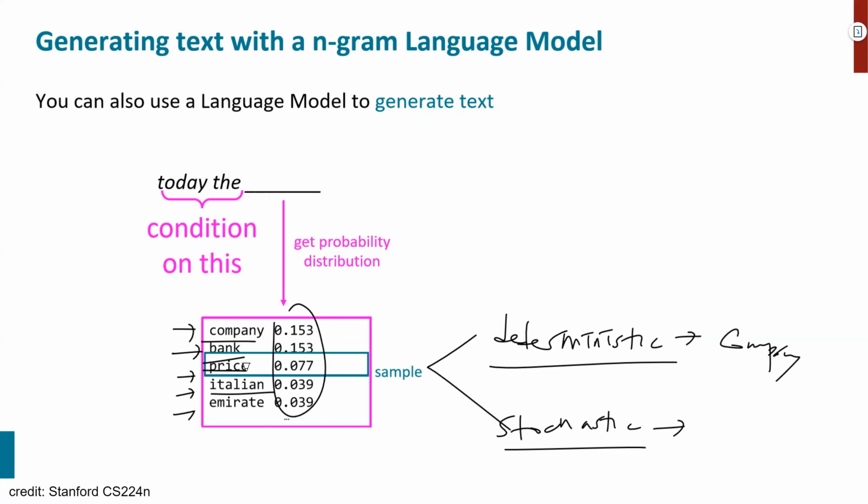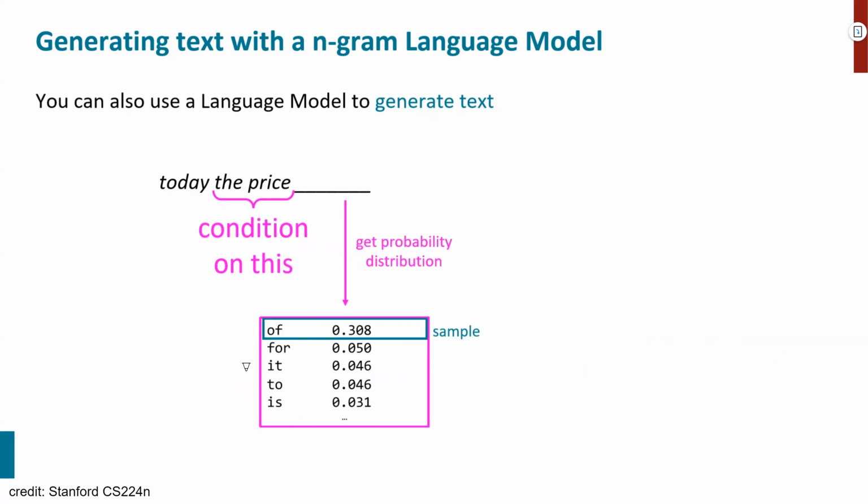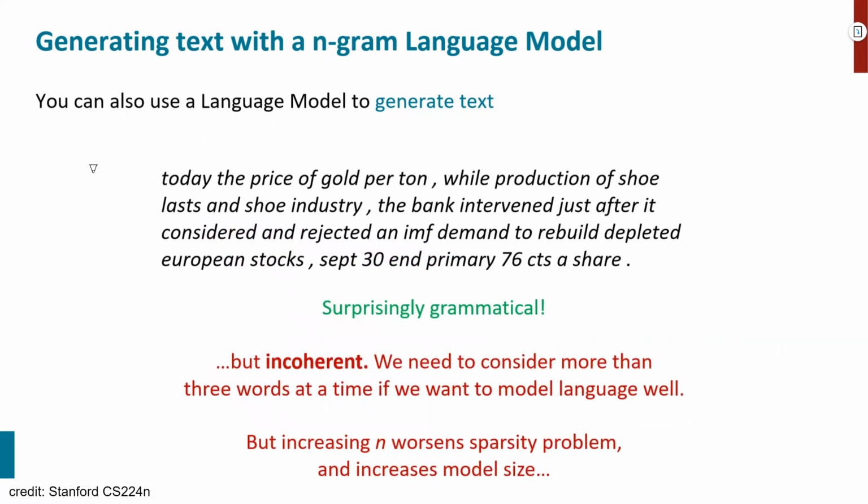Anyway, let's just assume that price is sampled. After that, we condition on the two words and sample again. And this is what we get following the trigram language model.